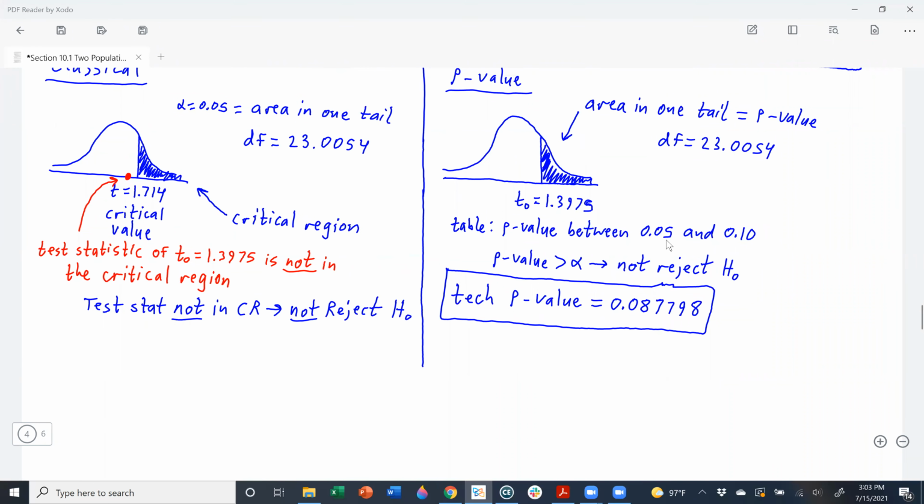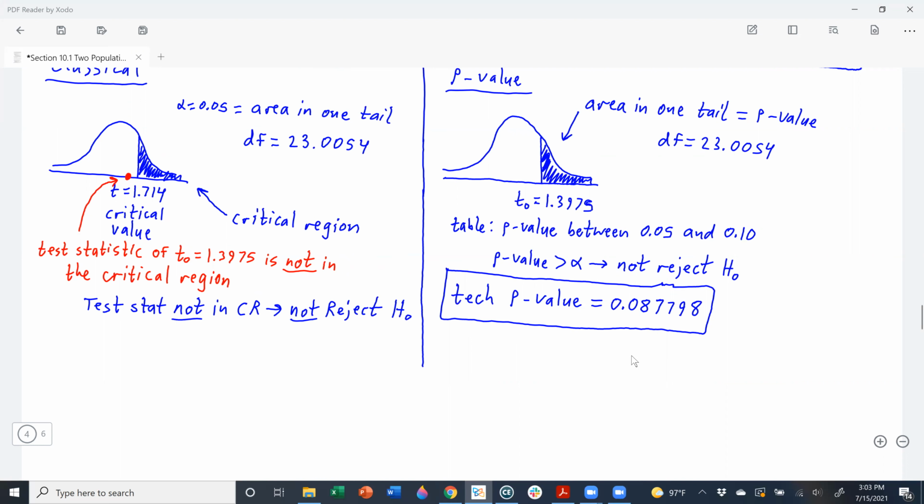That number is between 0.05 and 0.10, and that was enough to make our decision. But yeah, we want accurate p-values, and so I'm probably going to be recommending that you find that exact p-value from now on, okay, if you're not already doing that. Okay, so yeah, we do not reject the null hypothesis because that p-value is bigger than alpha.